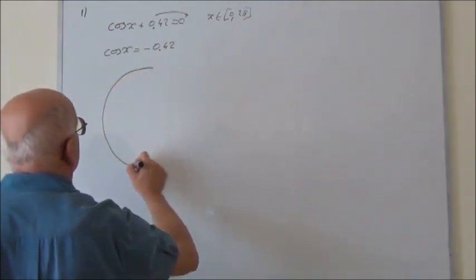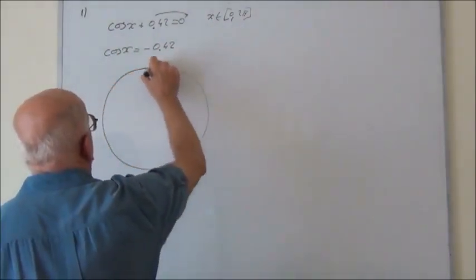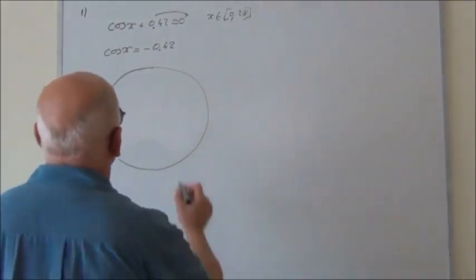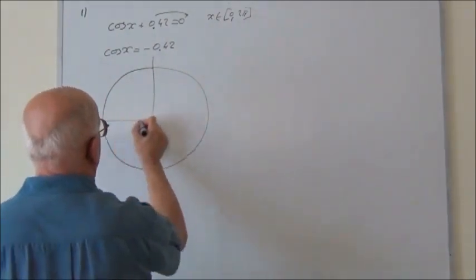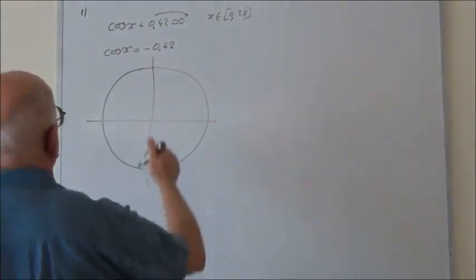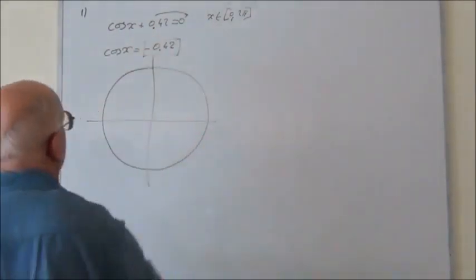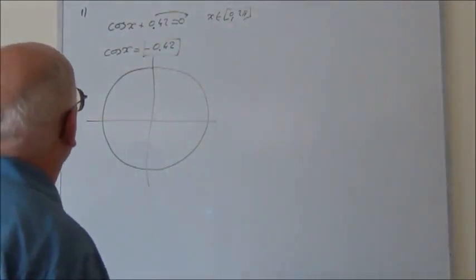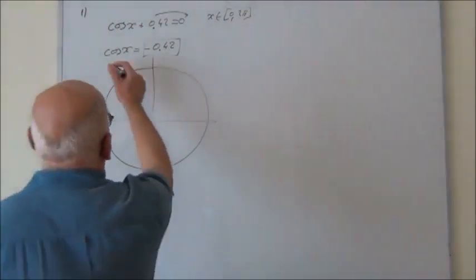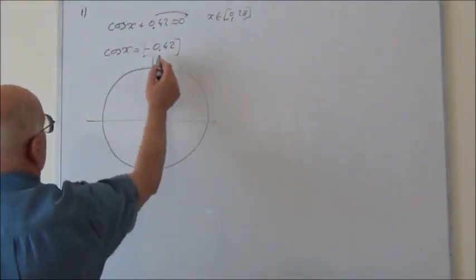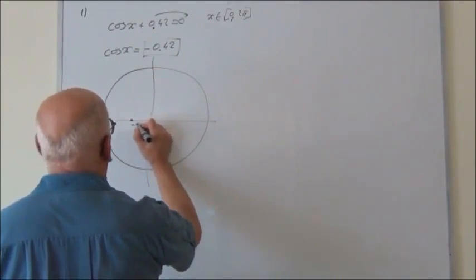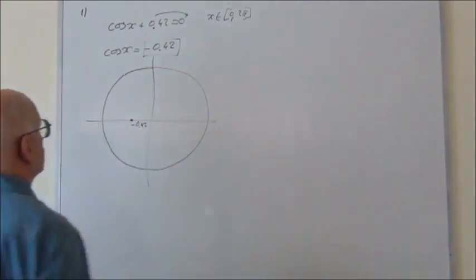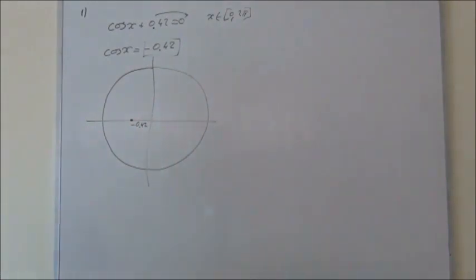Unit circle. I'm getting a bit better with these circles. Starting with this number, to see where it is on the unit circle, on the cosine axis, negative 0.42 is roughly somewhere in the middle, a little bit closer to 0, so negative 0.42 is this point here.